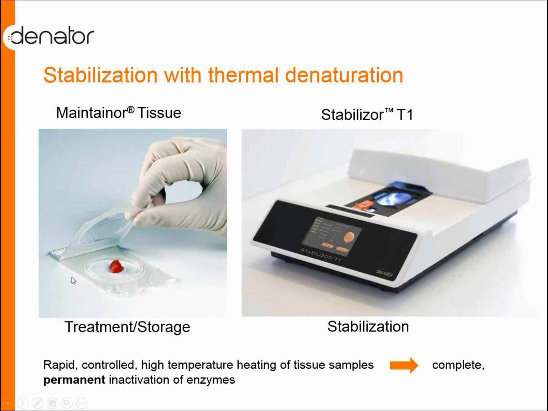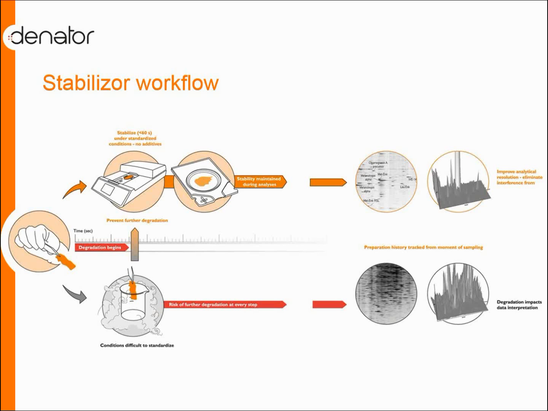So how does it work? What does it do? First of all, I think the next slide is how this is integrated into the workflow. In order for this to be efficient, it's important that it's implemented very close to the source of the sample, either next to the operating table if it's in a clinical setting, or next to wherever the experimental animals are situated and the samples are being extracted.